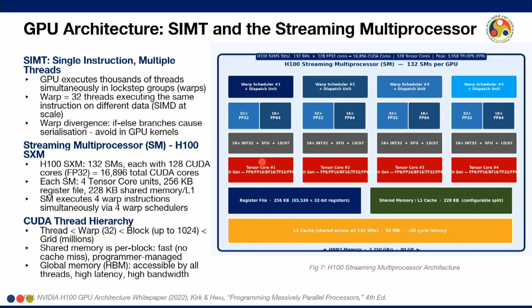The streaming multiprocessor executes these 4 warp instructions simultaneously, and if one warp is waiting for, let's say, data and is not getting it, the scheduler or dispatch unit will assign another warp and execute that. That's how they hide the latency wasted in memory transfer and so on.